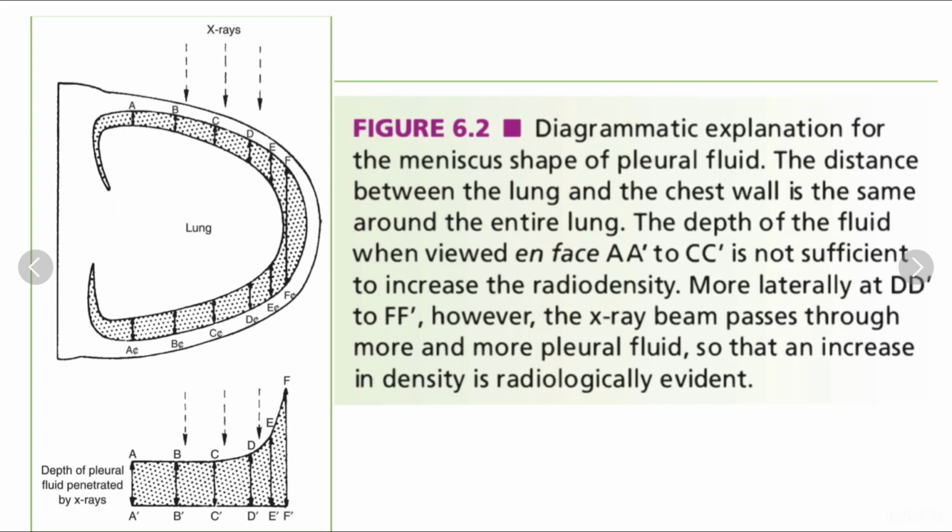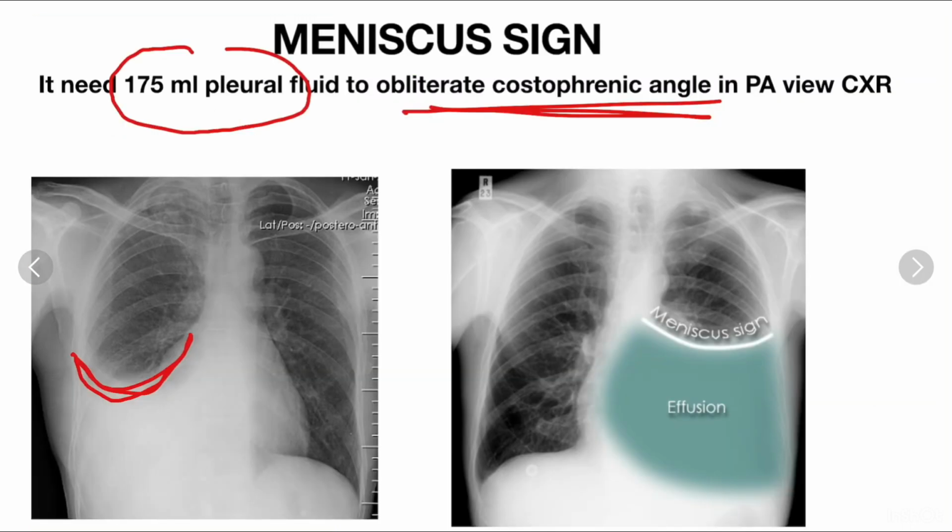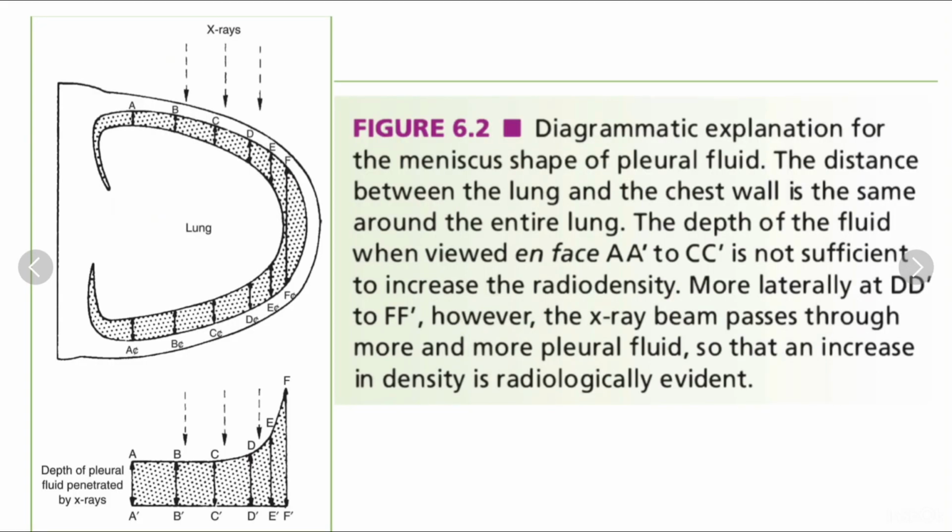Why does the costophrenic angle blunt first, and why is the opacity like that? The distance between the lung and chest wall is the same around the entire lung. This is the lung, this is the chest wall, and this distance is equal along the whole lung.